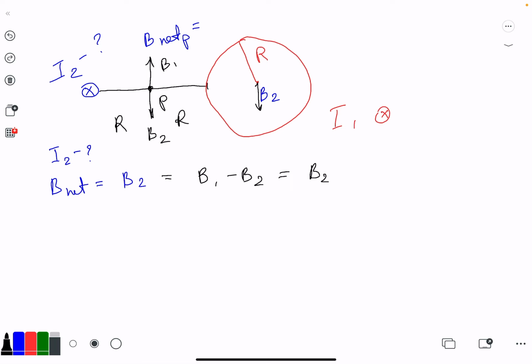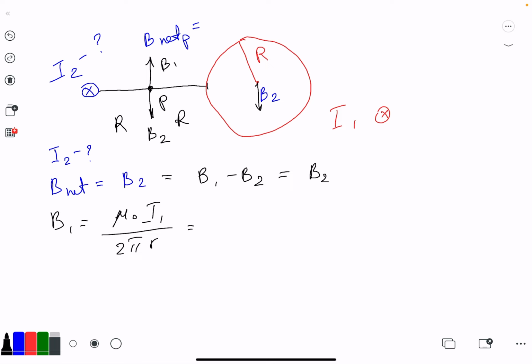So B1 is equal to mu naught current 1 divided by 2 pi times the distance. So what is the distance here?